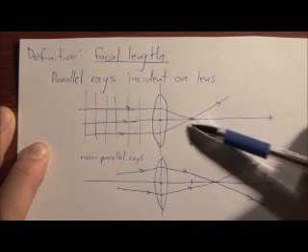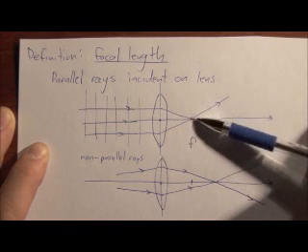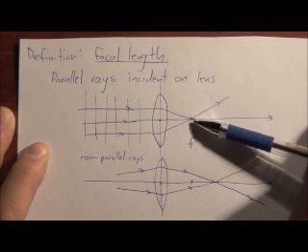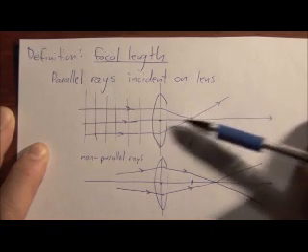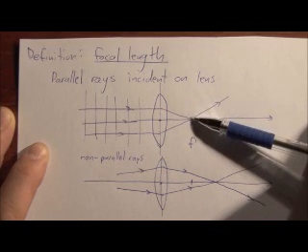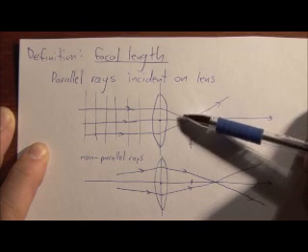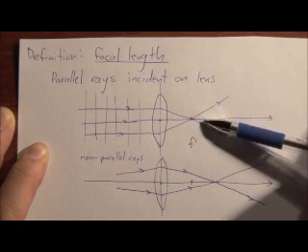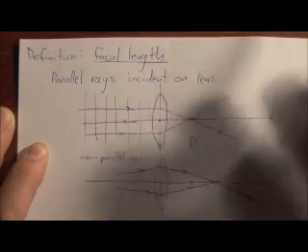That lens, if it's convex, will focus the rays at a certain point. So if they are parallel rays, the point that the lens focuses the light at is called the focal length. If the rays are not parallel, then the rays will not be focused at the focal length, they'll be focused somewhere else.